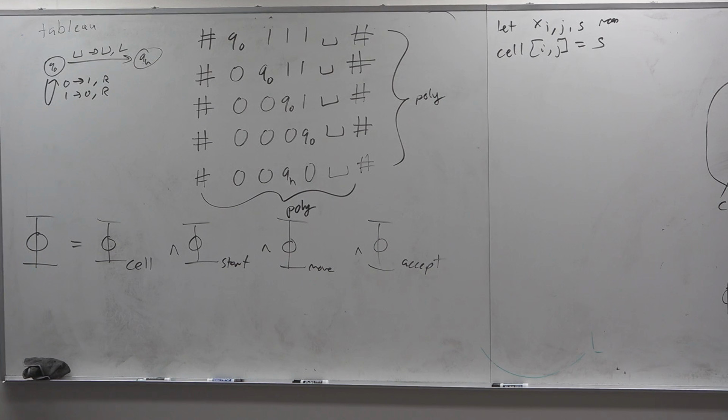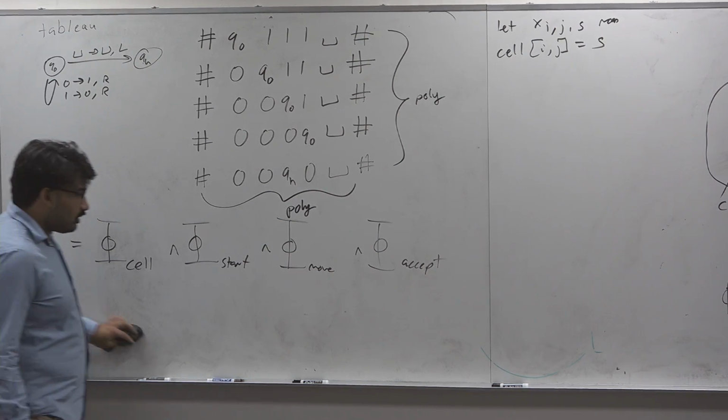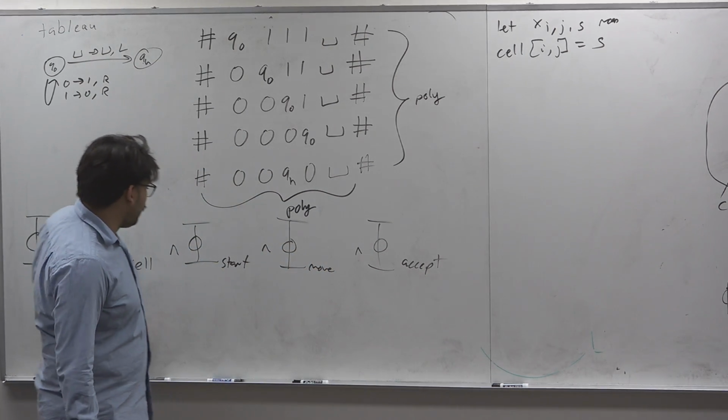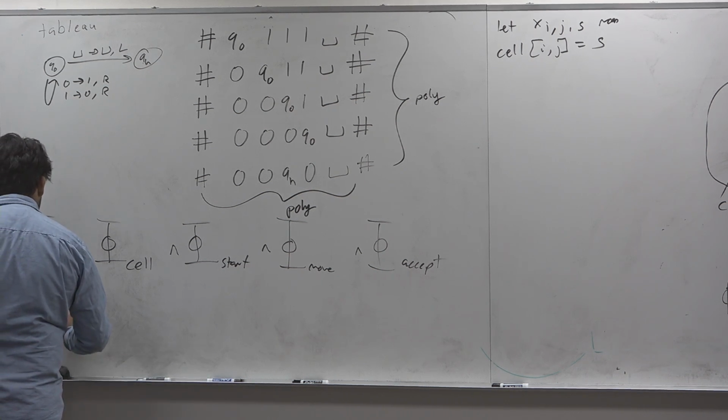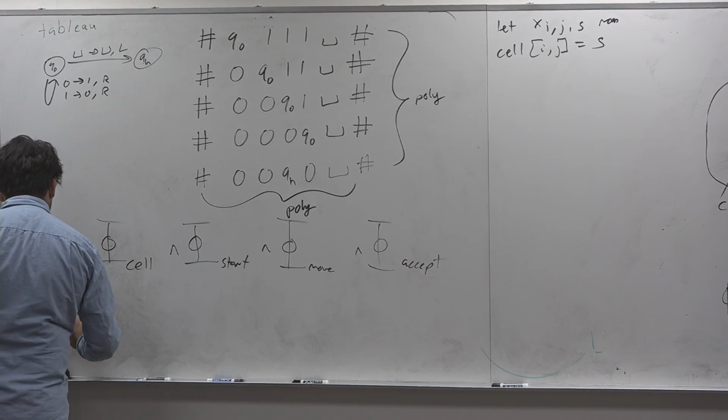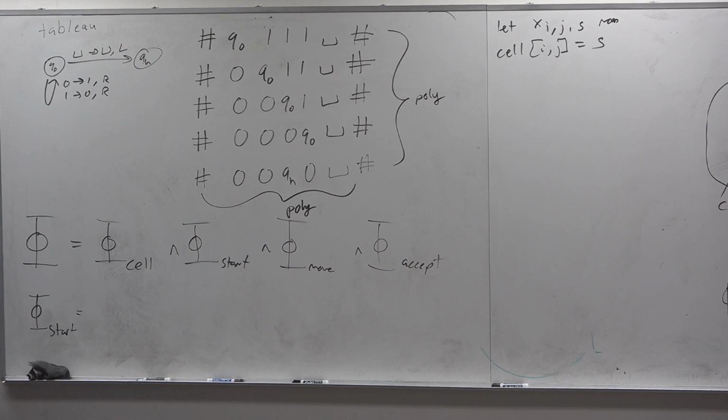How can we do phi start? Phi start should be something that confirms that the first line is exactly what we think it is. The first line of the table?